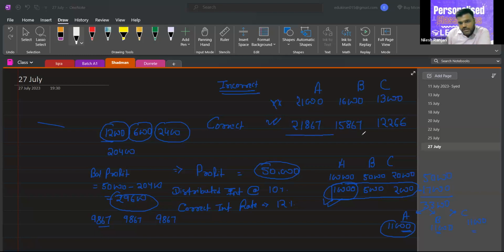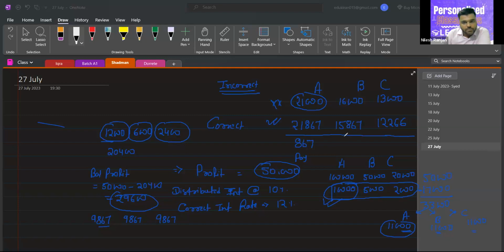Now we will adjust these items. It is already paid to A, and it should be paid more. So we will pay 867 to A. And B, we have paid 16,000 to B, but we have to pay only 15,867.